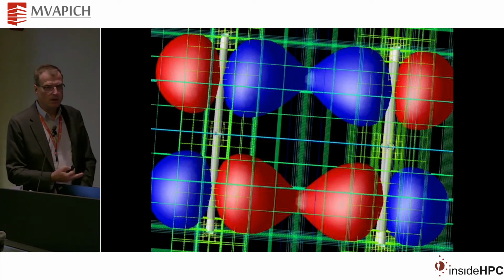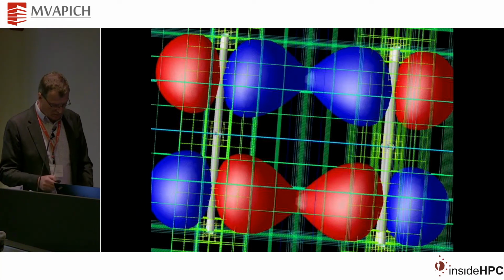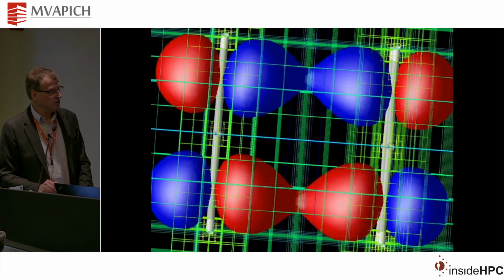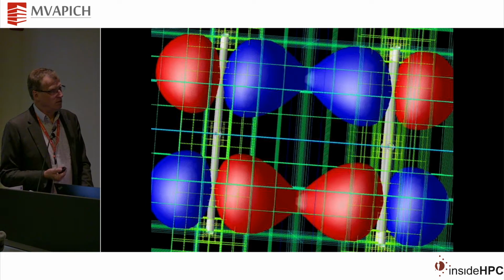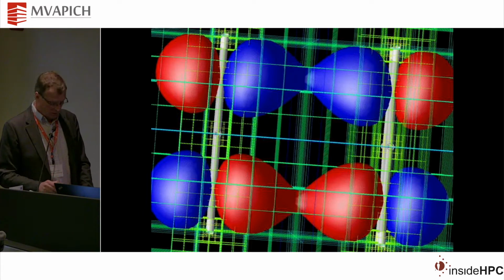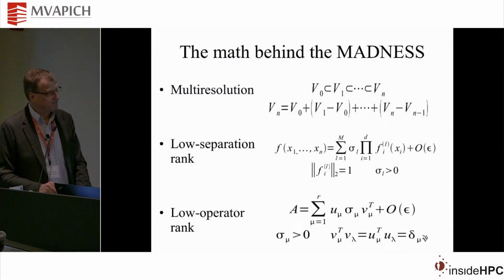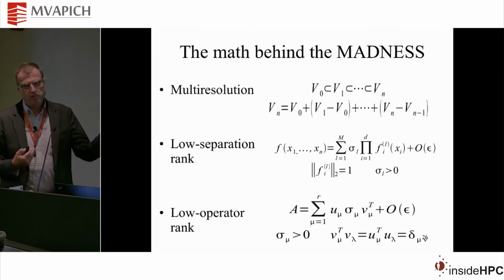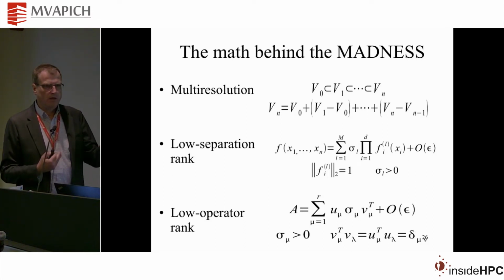Inside each box, we have a basis set that's presently chosen as a tensor product of Legendre polynomials. Legendre polynomials are an easy, familiar, orthonormal basis, and so pretty much most computational scientists can get familiar with the basis set quite rapidly. Layered on top of that basis set are some things that give us fast, accurate computation.